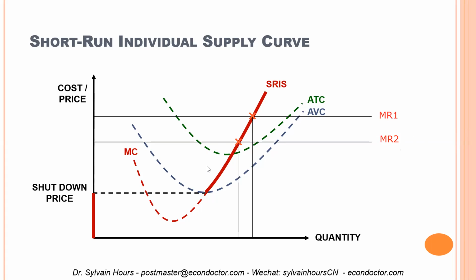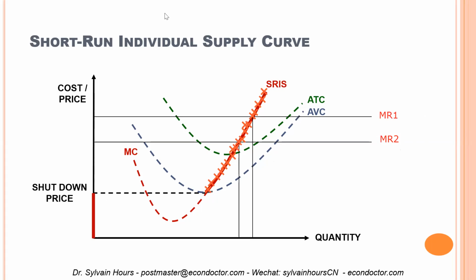And you see that I can take any price above the shutdown price, and the quantity that I would need to produce to maximize my profit would always be on this supply curve, on the increasing section of the marginal cost.